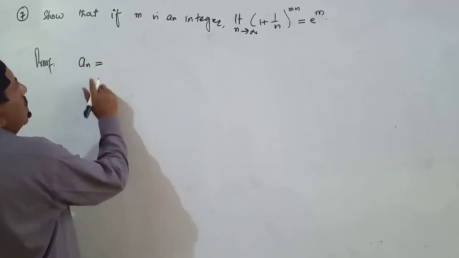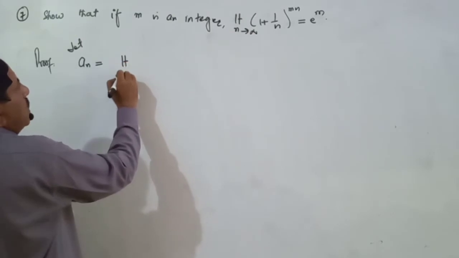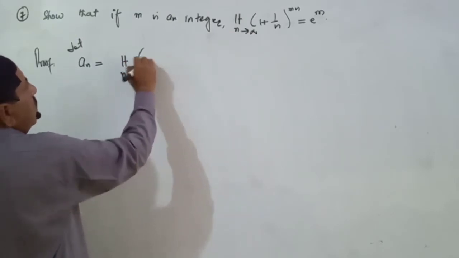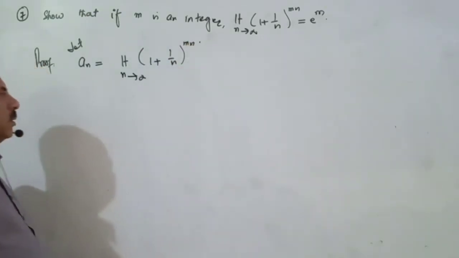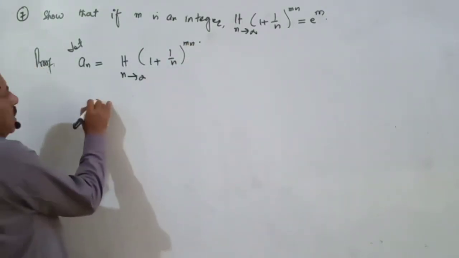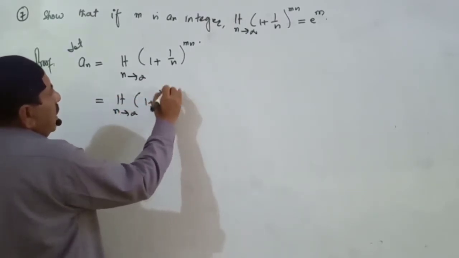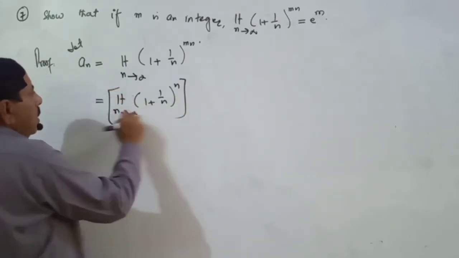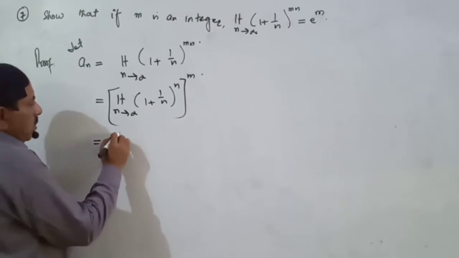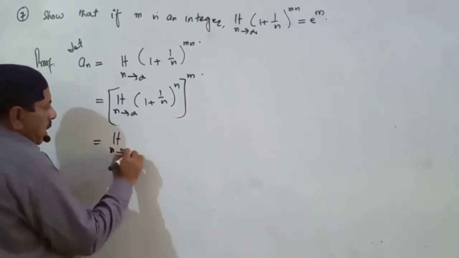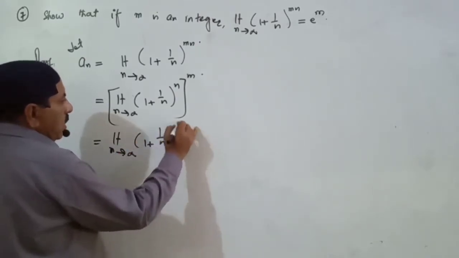Let a n is equal to limit n tends to infinity (1 plus 1 upon n) power mn. So this will be equal to limit n tends to infinity (1 plus 1 upon n) power n, whole power m. So this will be limit n tends to infinity (1 plus 1 upon n) power n upon 1.